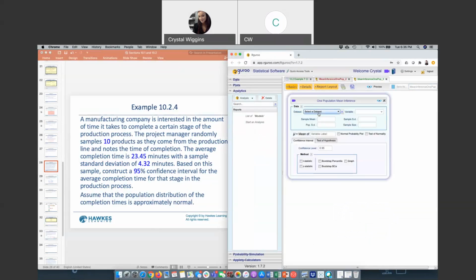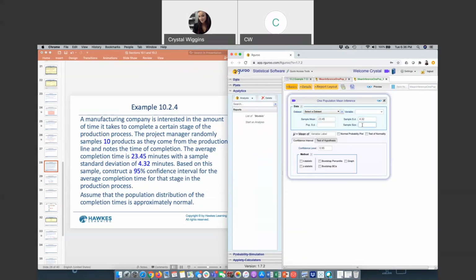I don't have a data set for this, but I have a sample mean of 23.45, a sample standard deviation of 4.32. Recall, if this said variance, remember, the one step you'd have to do to get standard deviation is to take the square root of variance. So keep that in mind. That happens a lot in the problems we work.